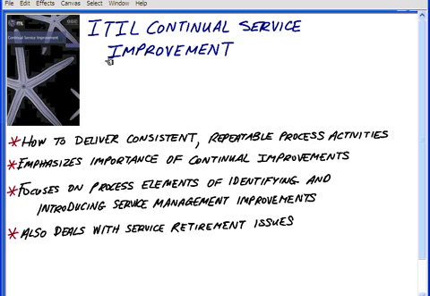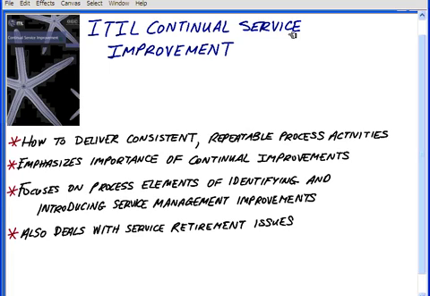And finally, our fifth book with the starfish here on the cover is the ITIL Continual Service Improvement. This is going to deal with how to deliver consistent, repeatable process activities for IT service management. It's going to put focus on the importance of continual improvements. Remember, I mentioned this earlier when we looked at some of the famous axioms of W. Edwards Deming.